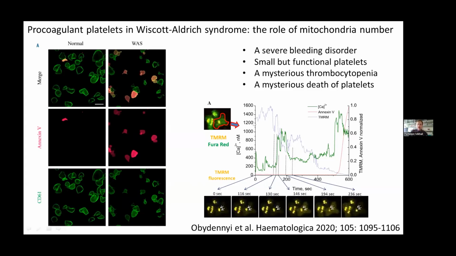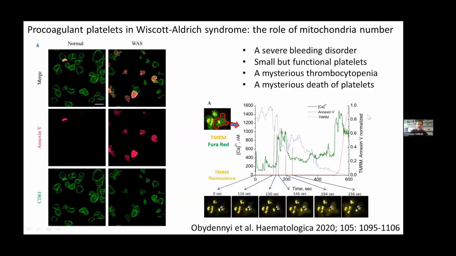When we loaded these platelets with the mitochondrial inner membrane potential sensitive dye, we observed the same picture, very similar to the one we observed in healthy platelets stimulated with thrombin or collagen. Calcium increase, overloading of mitochondria with calcium, and necrotic kind of cell death.